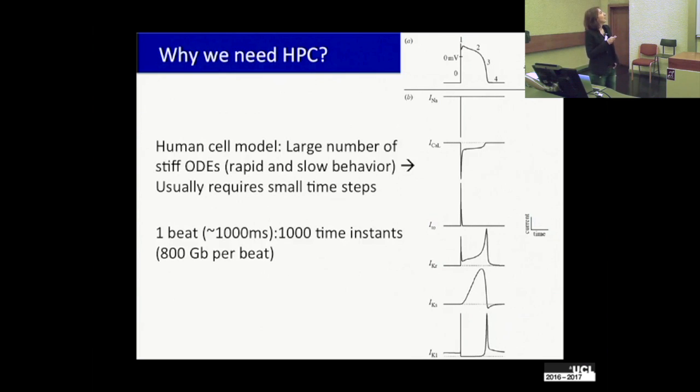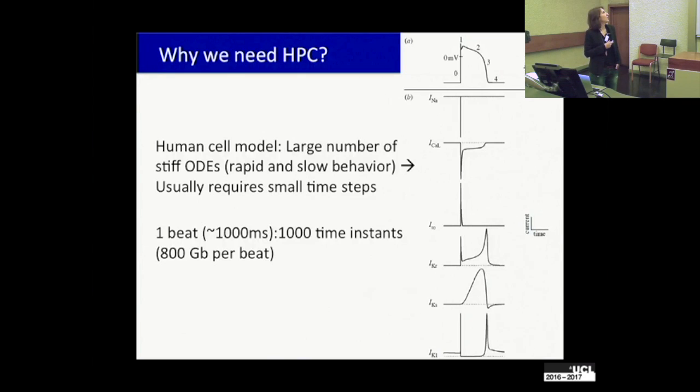This is a human cell model, an example of an action potential model, the electrical activity of a cell. It contains a lot of currents. Here are the most important ones. And we observe that there is a large number of stiff ODEs. Some of them have rapid behavior, and other ones slower behavior. So it usually requires small time steps. And the most important thing for us is that the computational power required increases.